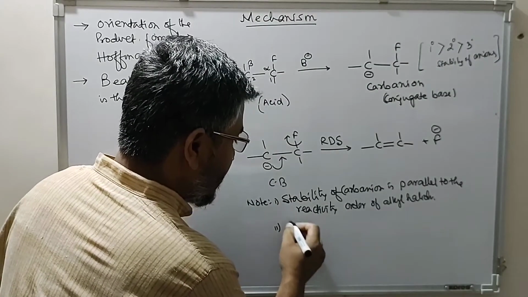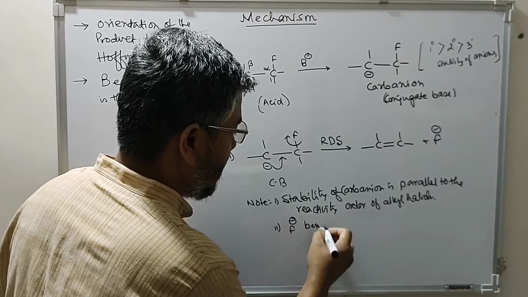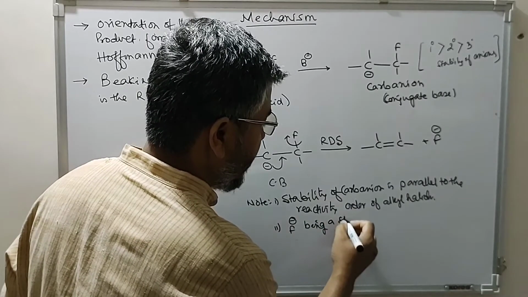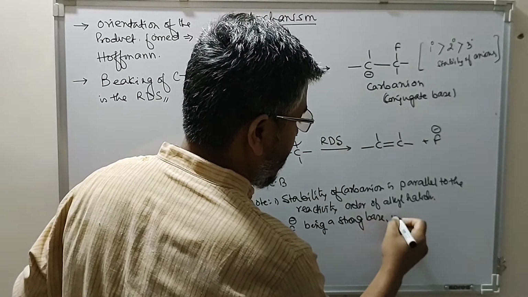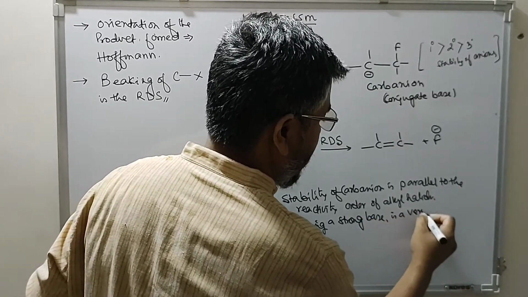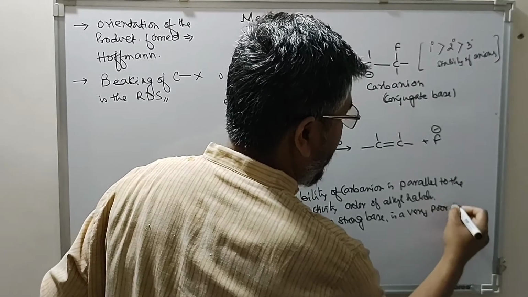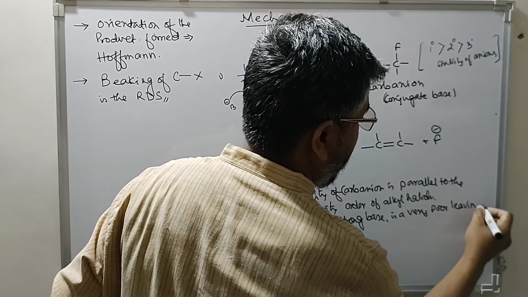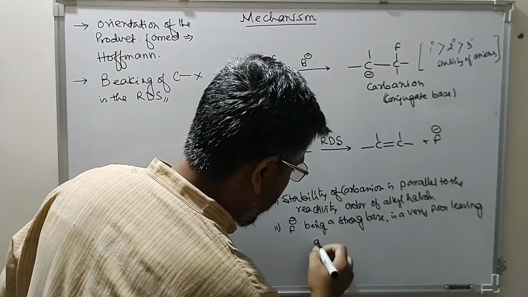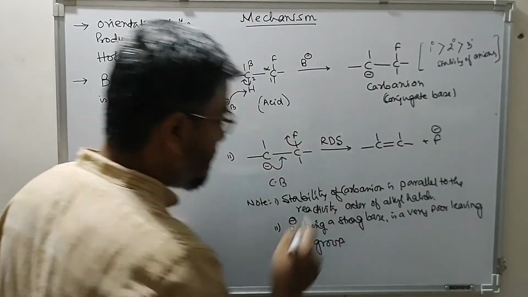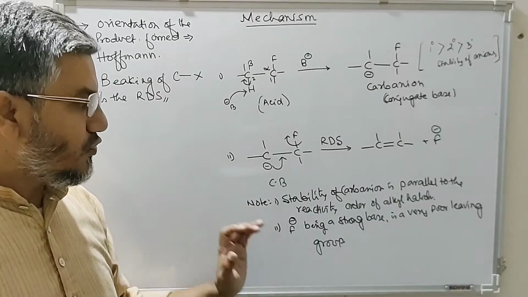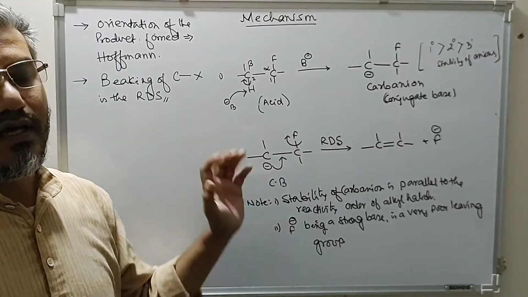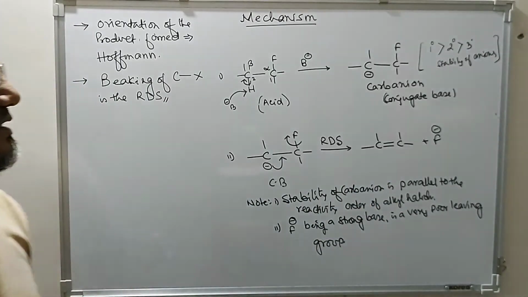So F minus being a very strong base is a very poor leaving group. So this is the reason why alkyl fluoride was the most reactive and iodide was the least reactive.